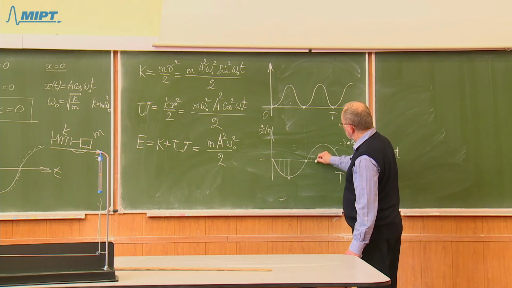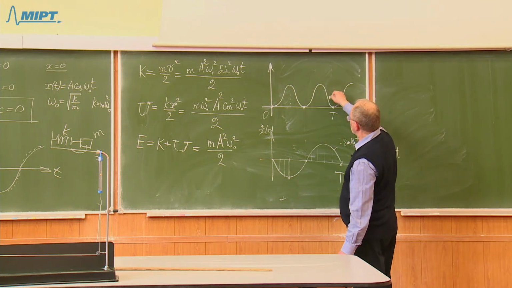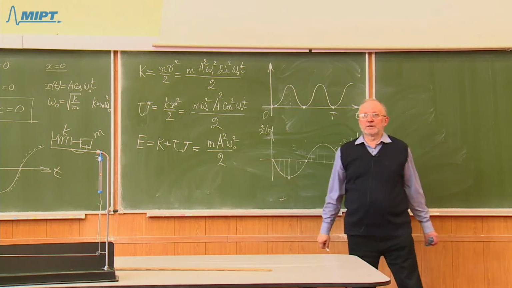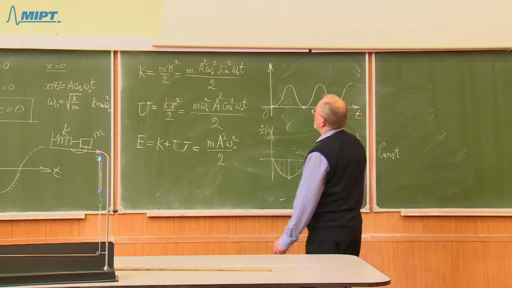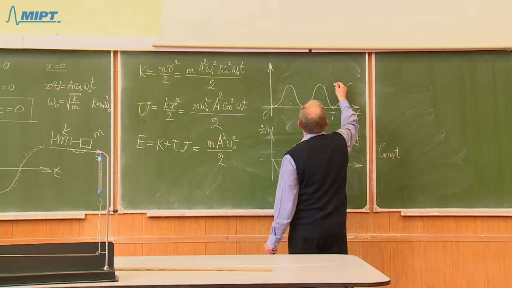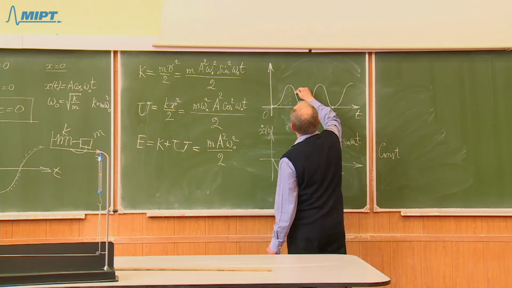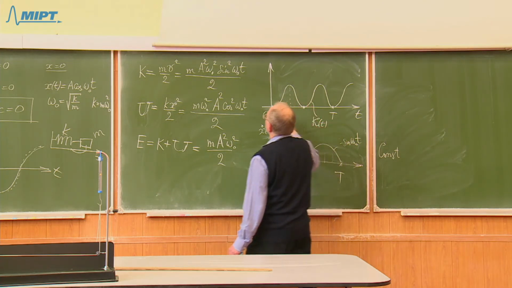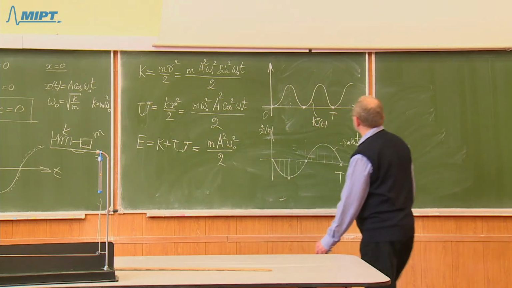And positive numbers squared will give you positive energy, as well as negative numbers squared will give you positive energy. So this is the kinetic energy as a function of time. It's proportional to sine squared.